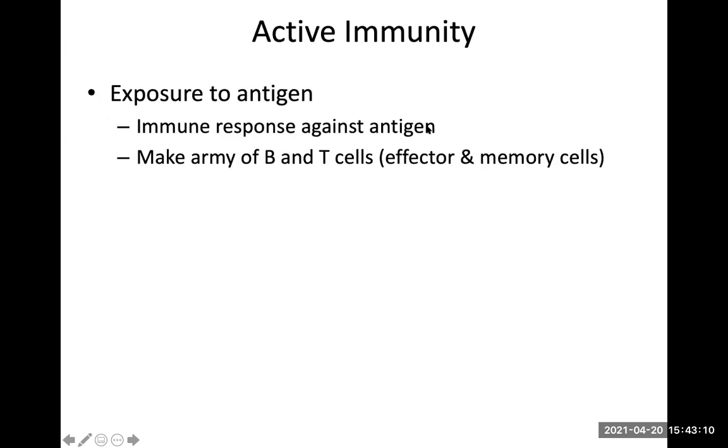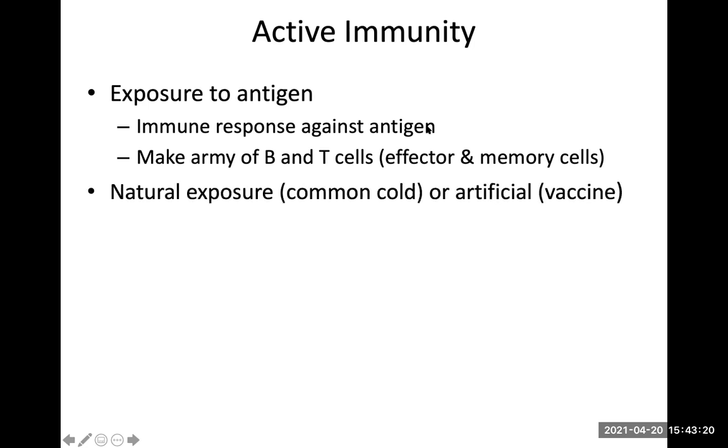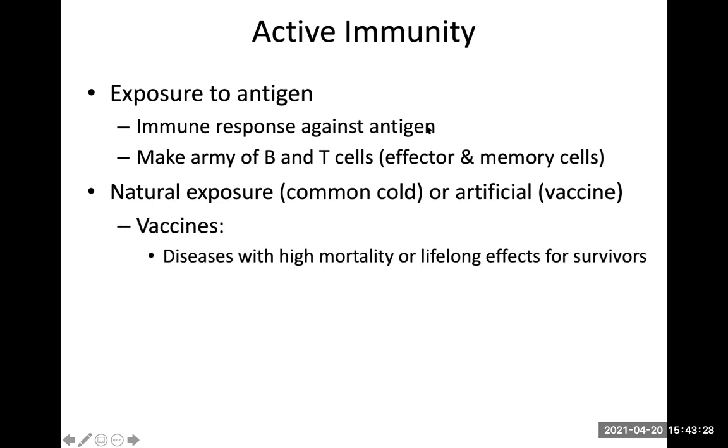Active immunity, your body is making the antibodies and typically will lead to a memory response. You can get this from natural exposure, you get sick, or artificial, you get vaccinated. So let's talk about vaccines. Vaccines are targeted against diseases that have a high mortality rate. Lots of people die when this disease is going around, or it might not kill a lot of people, but it might disable people.